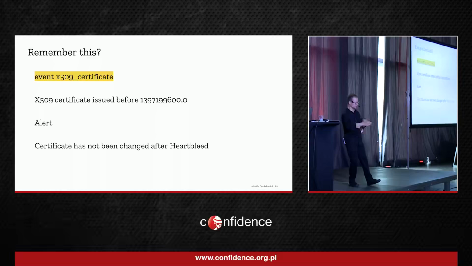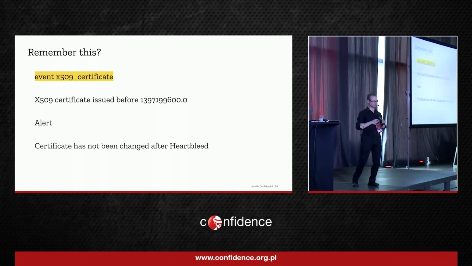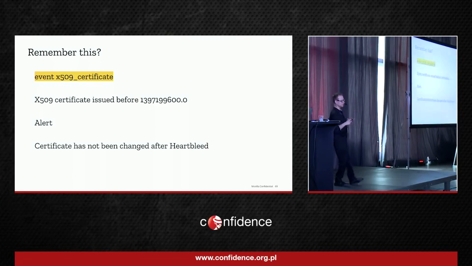So I wrote this detection logic, so my network security monitoring would tell me about all the certificates not yet changed, so we could catch them one by one. And after a while, NSM was like, I saw you changing this SSL certificate here and here, but you forgot about all of these servers.